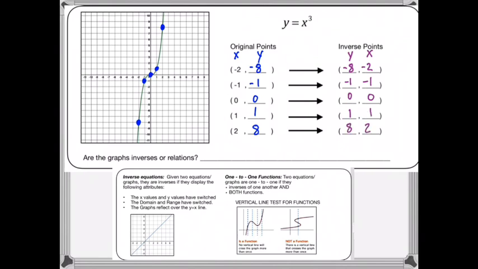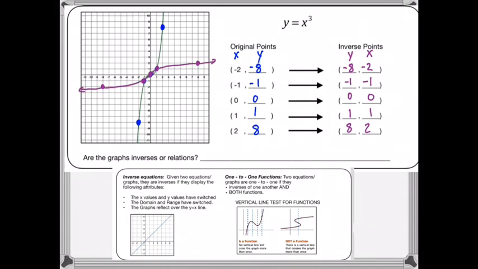So when I plot these all out, that's -8, -2, -1, -1, 0, 0, 1, 1, and then finally this one right here. And if I connect all the dots nicely, we have a graph that looks like this.